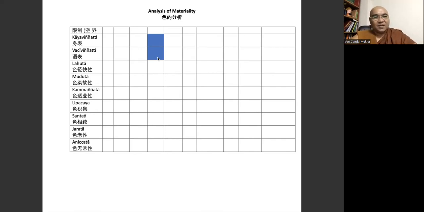So it is very clear that you see someone through the eye door, the eye sensitivity, and then lobha arises. Also, by seeing someone who is virtuous or has alobha, chetana arises, or you want to offer something, or you want to practice meditation, and so on.